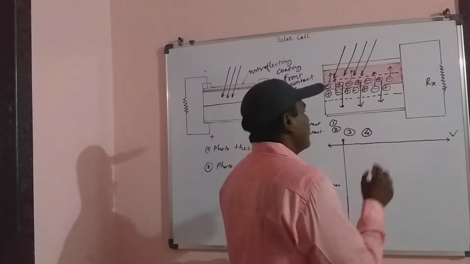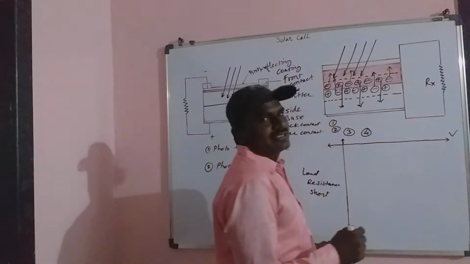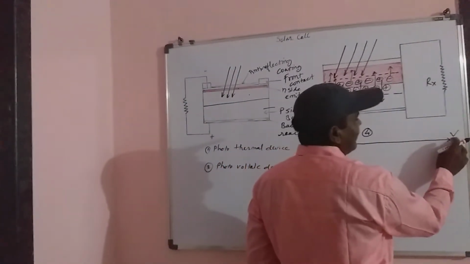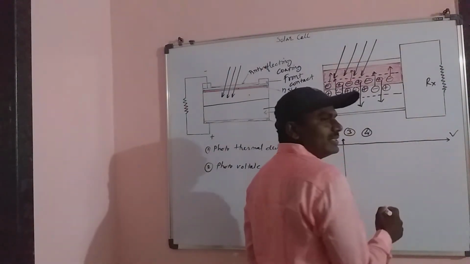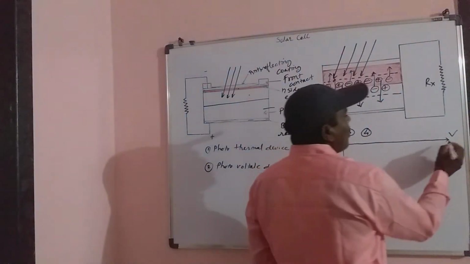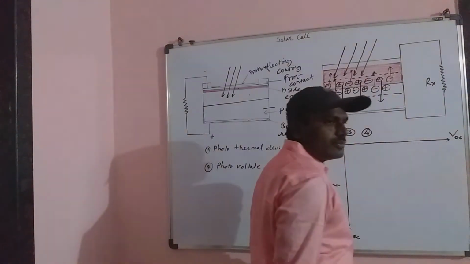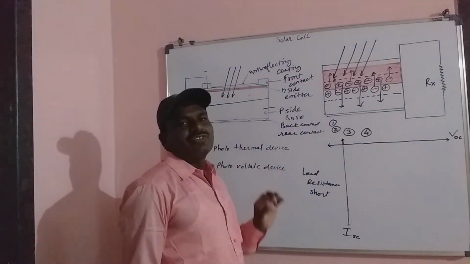The intersection of the voltage on the V axis, or the x axis, is called the open circuit voltage, and in that condition the load resistance is infinity.